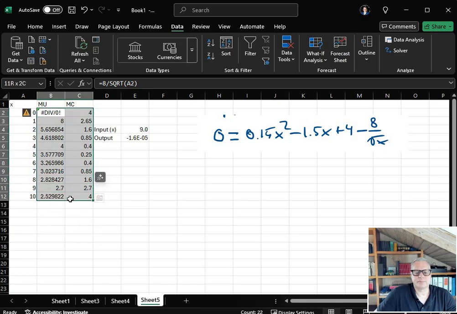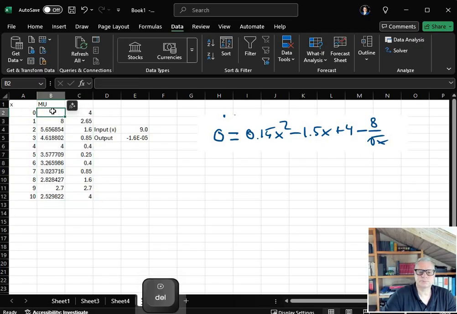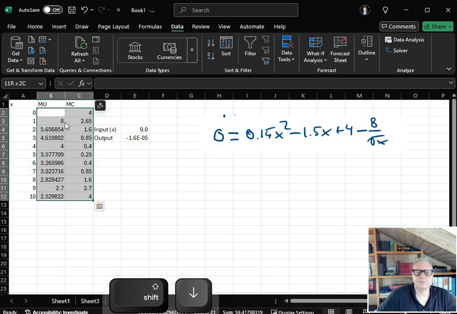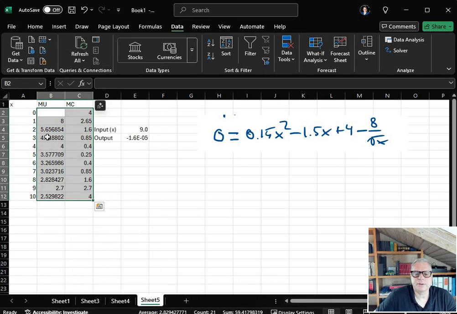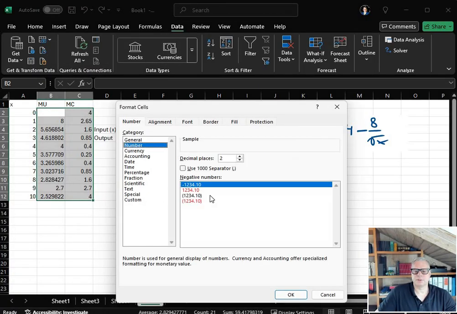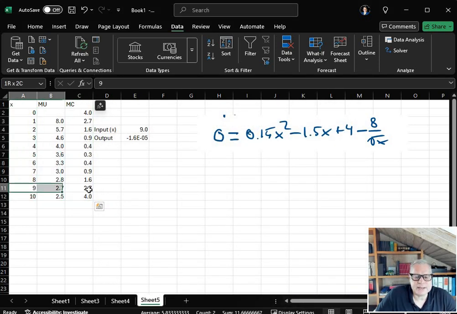If I just limit everything to, format cells, number, 1 decimal, you see that at the quantity of 9, you maximize your utility because the marginal utility is exactly equal to the marginal cost.